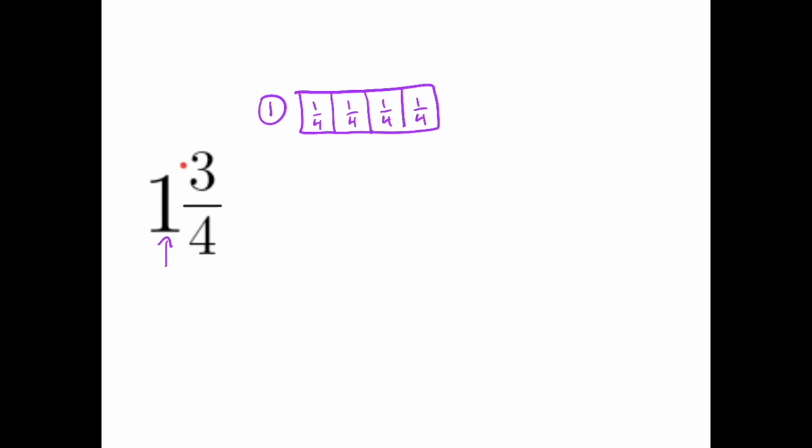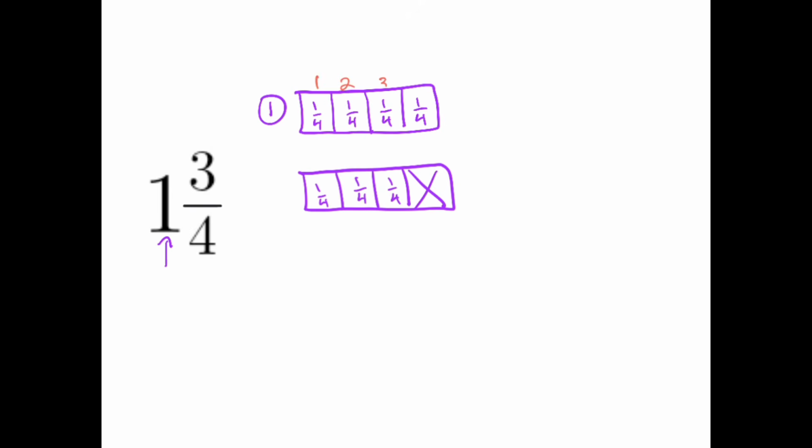Now let's focus on our 3/4. Let's draw another whole, and we are only going to use 3 of them. Label them 1/4, and we are not using that one. Let's count how many 1/4s we have.